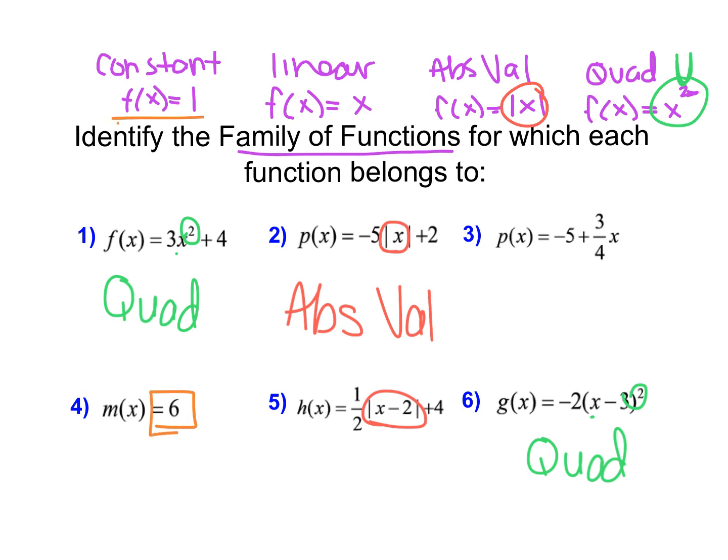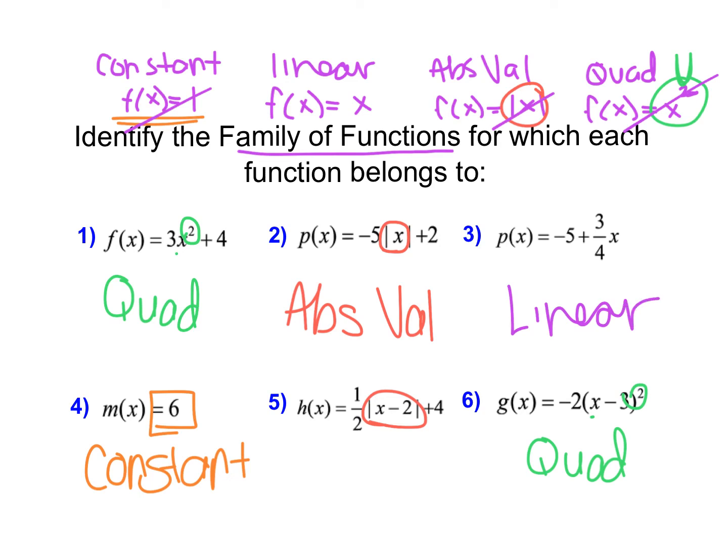Again, because it has something in common with one of these parent functions, in this case the constant function doesn't have an x value, it only has a number, this is going to be a constant function. And then finally number 3, if we take a look at that more closely, we see that this one doesn't contain an absolute value, it doesn't contain a squared, and it contains an x, so it can't be a constant function. Because this just has x and numbers involved in it, this is going to be your linear function. So you can take those context clues out of the equation and identify which family of function it belongs to.